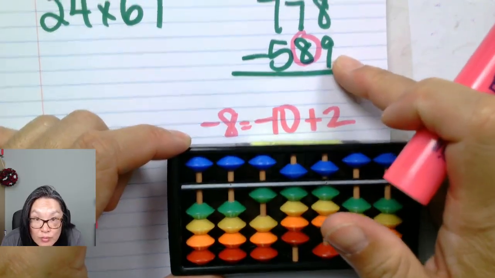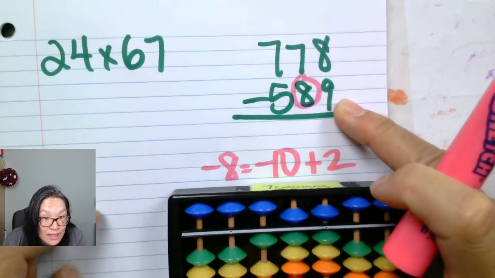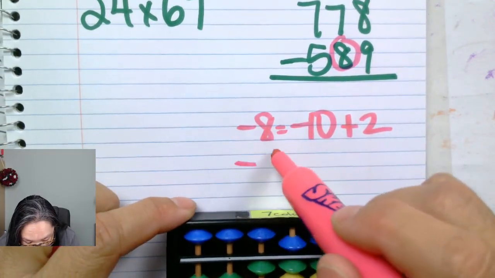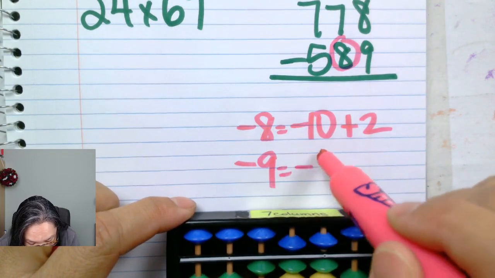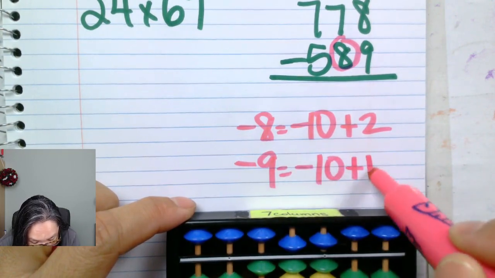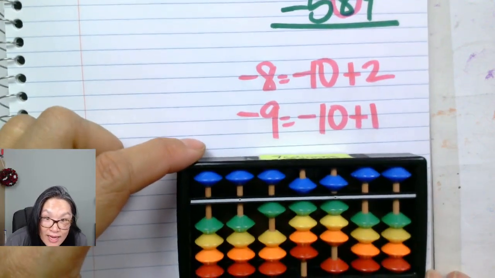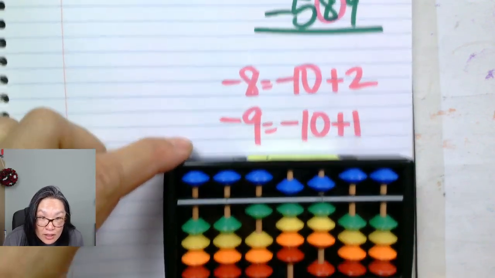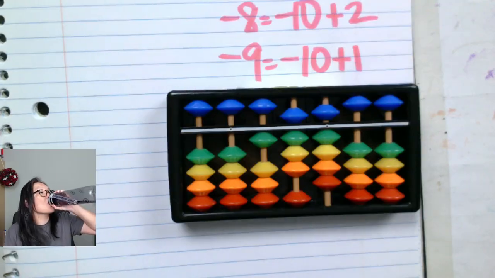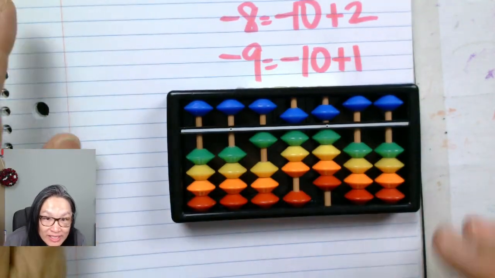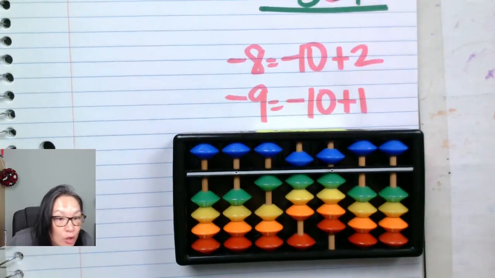And then I'm going to minus the 9. What is minus the 9? Minus the 10 plus 1. Thank you, Char. Yes. Perfect. This is what we call regrouping.